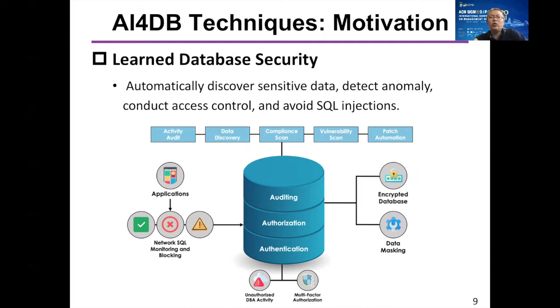So we want to do this automatically, not labeled by humans. And we also want to avoid SQL injection and anomalous access to the database. I think this can also rely on learning-based techniques.